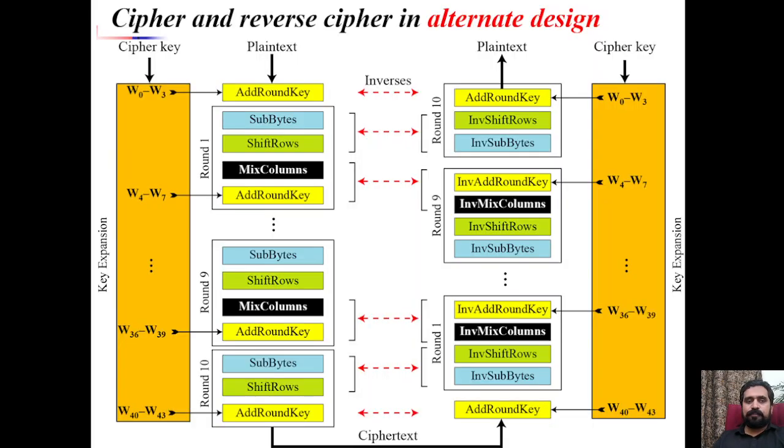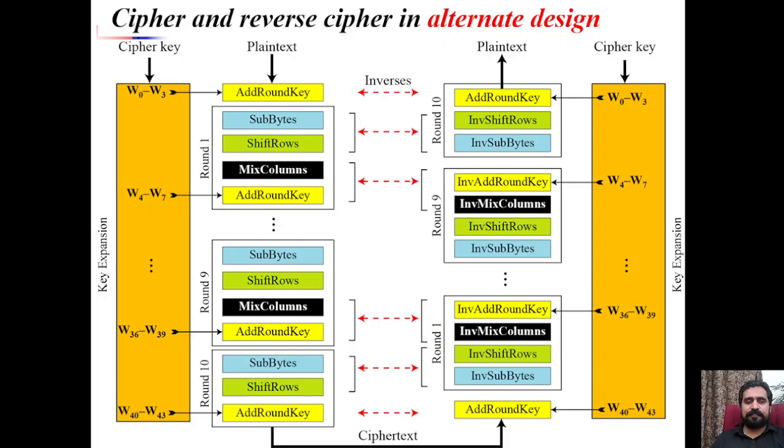This is what we discussed, the key expansion function in this lecture on the AES algorithm. We saw in detail the AES 128 variant, but we also discussed that the key expansion function for the 192 and 256 variants is the same.